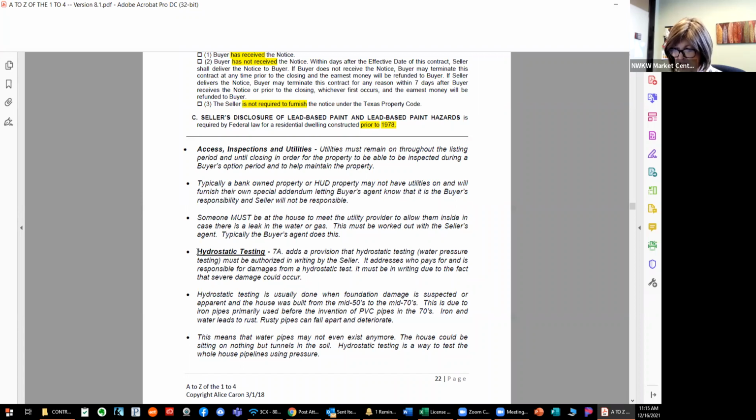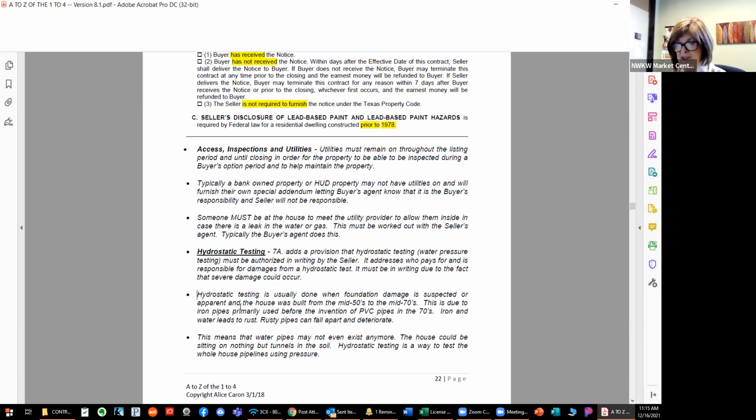They have a separate document for that where the seller is giving you permission to have hydrostatic testing, because maybe the water pressure is really low and they're wanting to find out what's going on with it. And so they may suggest a hydrostatic test, but that could do damage to some fragile pipes and stuff like that. So there's an agreement in this form of how much the buyer or the seller would be responsible. I think it's the buyer who would be responsible for paying if there was damage.